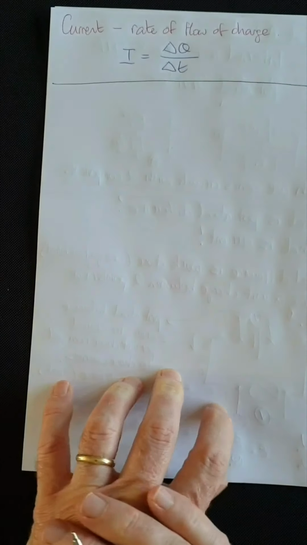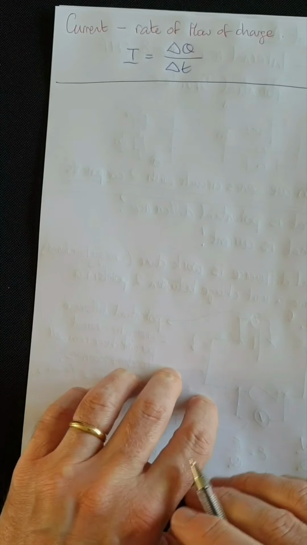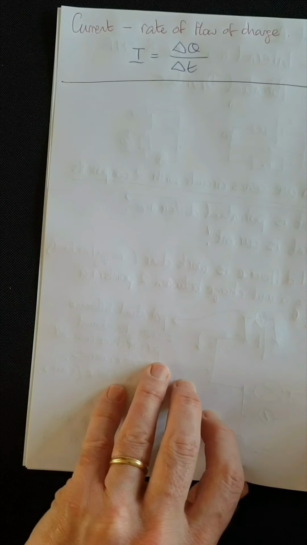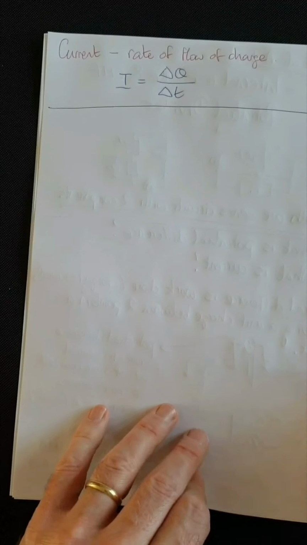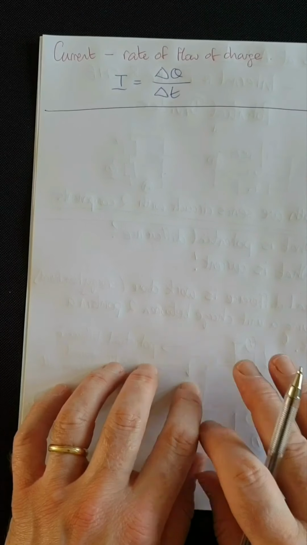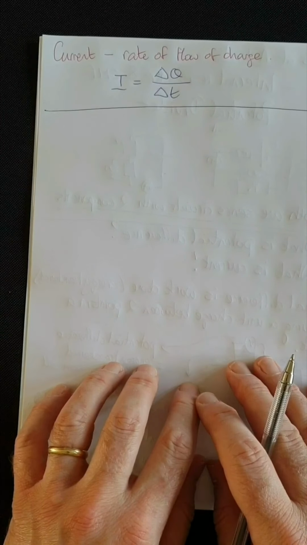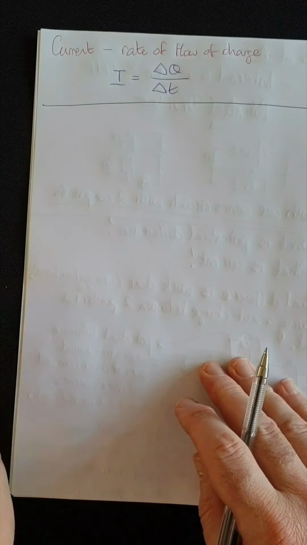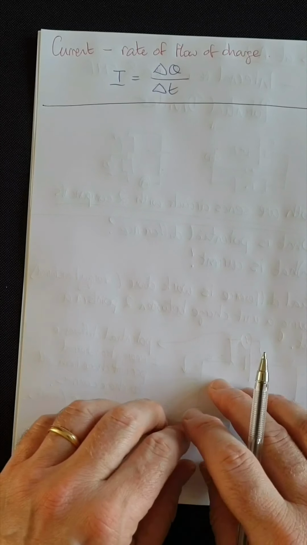Okay, so let's take a look at how we can use these ideas of current and potential difference to analyze the circuit. In some ways we can think of circuits as essentially machines that transfer energy from one place to another, in this case from a cell to some sort of component.